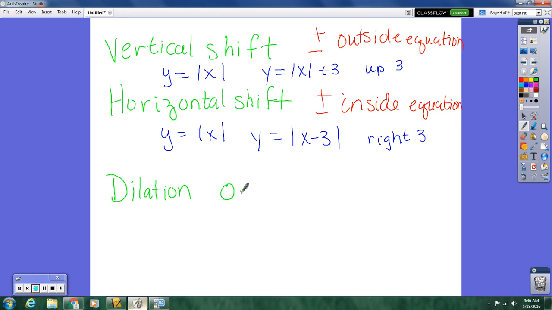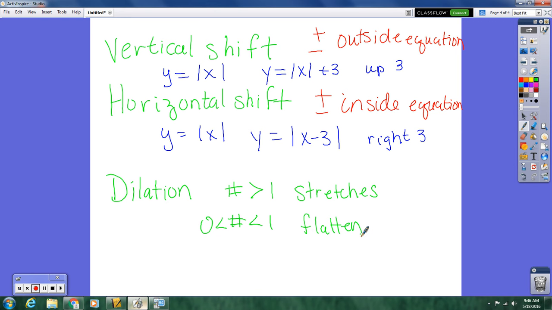If the number is greater than 1, even if it was 1.1, anything greater than 1, it stretches it, right? And if the number is a fraction or a decimal between 0 and 1, not negative, it flattens it. Would that make sense if I said flatten?